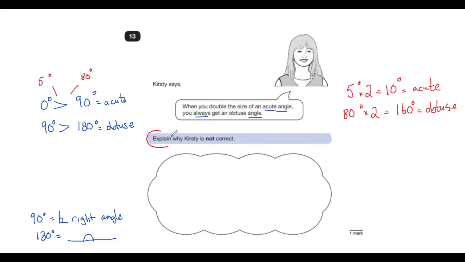It's really important here how you write your answer. You can't just write, Kirsty is not correct because this doesn't happen all the time. If you wrote that down without any evidence or an example, you won't get your 1 mark. You have to give an example because you're explaining.